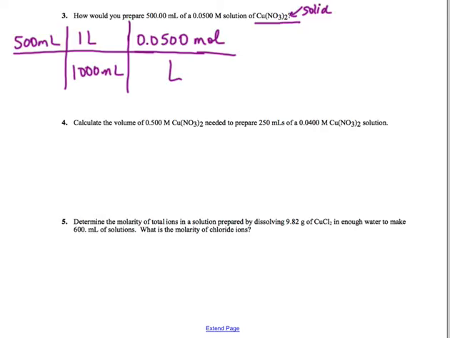So right now I just have moles of my copper 2 nitrate. But what did we say we needed to get? Grams.